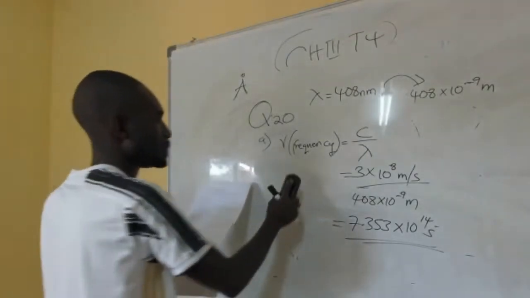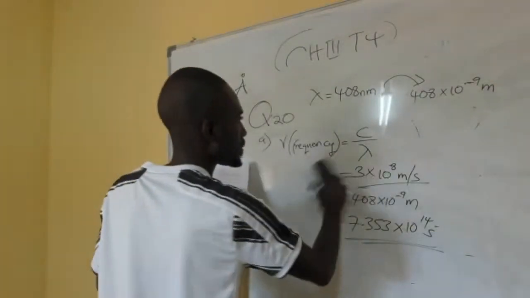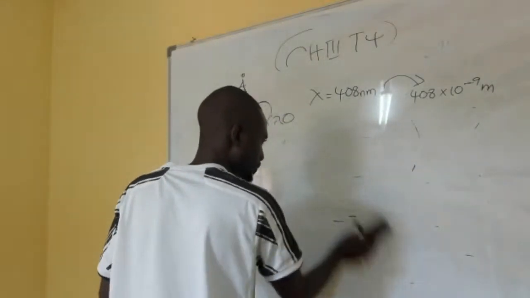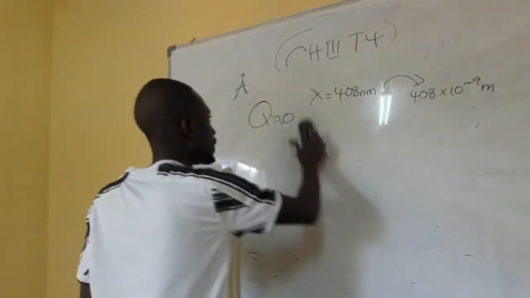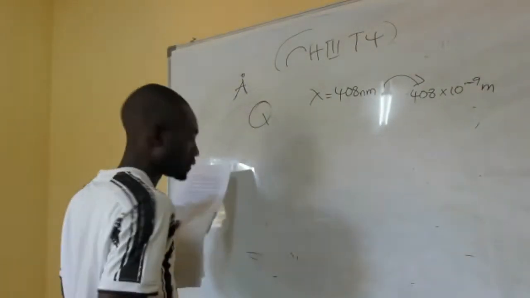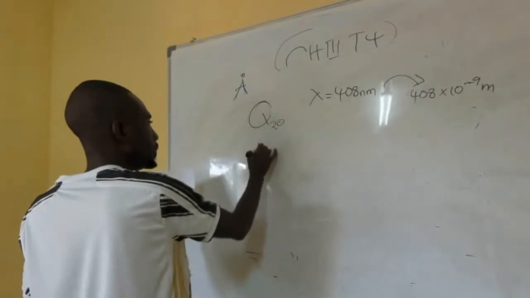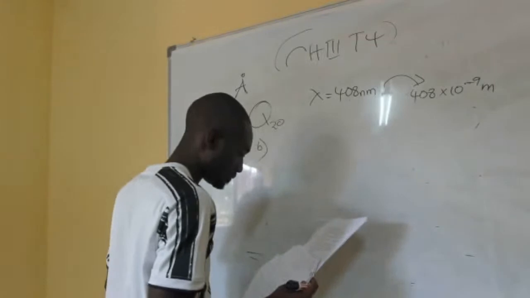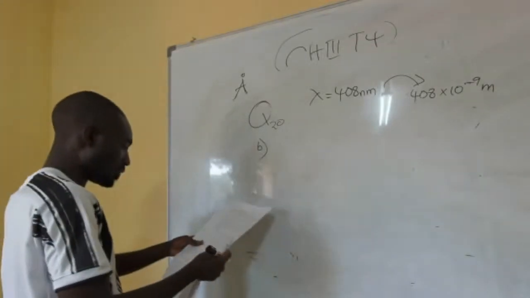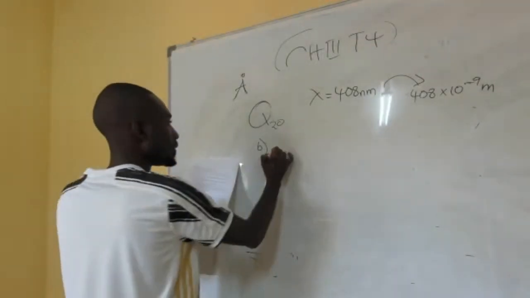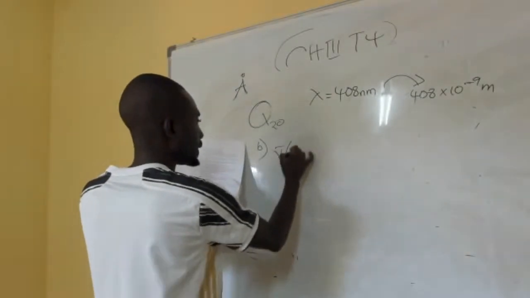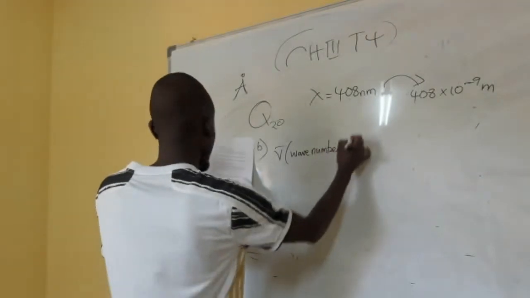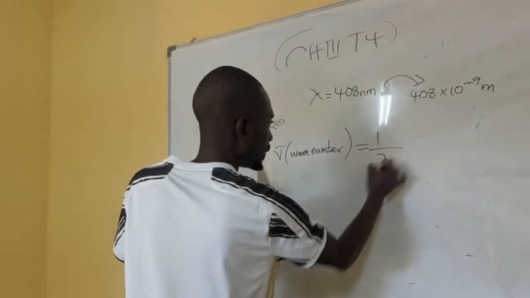B, what are they saying? I'll erase this part, then we shall answer B, because B is also very important. We are on question 20, part B. They are asking for the wave number. The formula for the wave number is 1 over lambda.